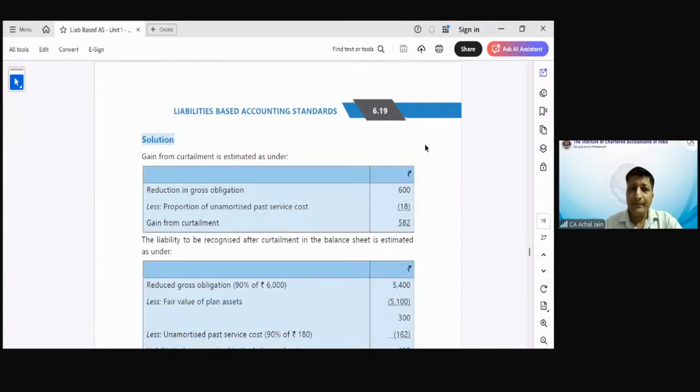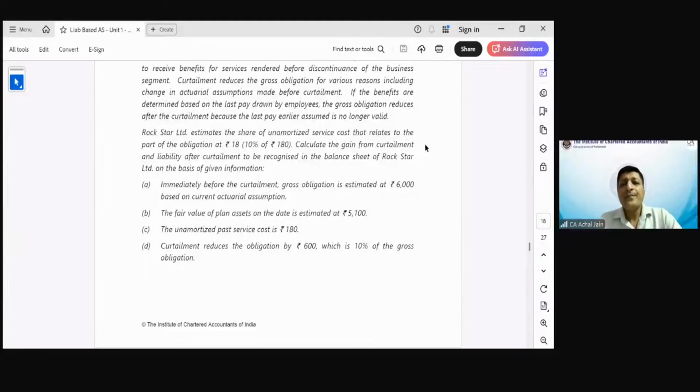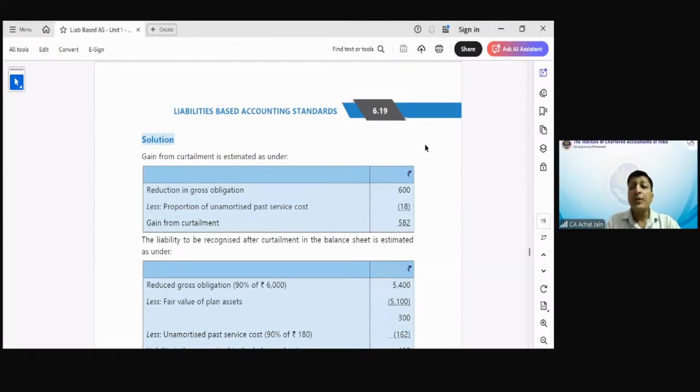That's 180. And in relation to the obligation which is curtailed, the proportion is 10%. So this past service cost will also be reduced from this, so it becomes 582. If you reduce this, 582 is the total gain from the curtailment.